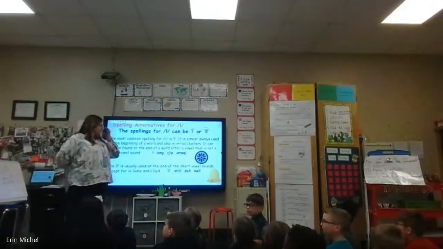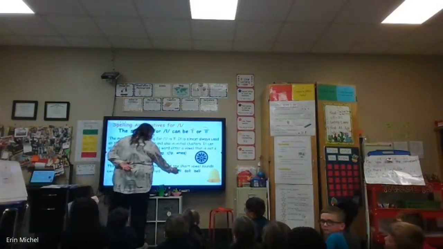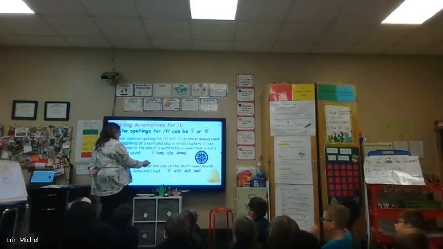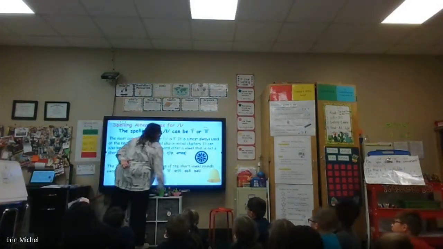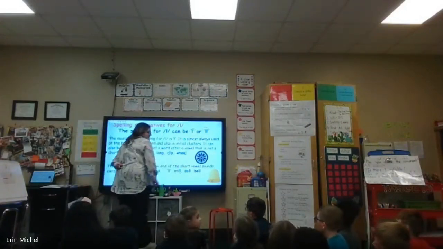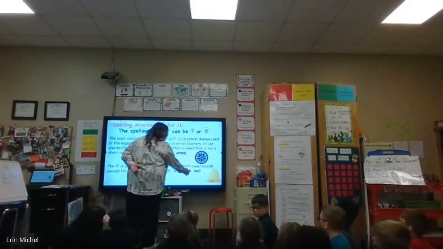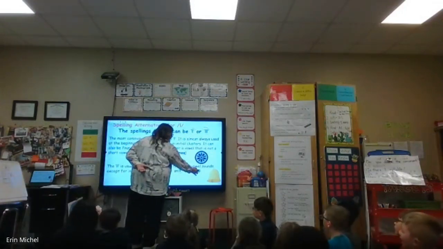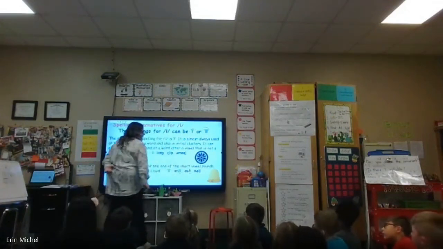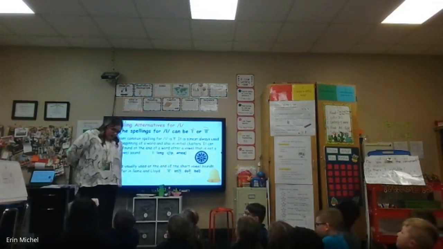So we're good. Okay. Now we're going to go over our rules for the double L. Our double L is going to come at the end of the short vowel sound. So we can find the double L like in still, in dog, in bell. These are our short vowel sounds, and we use the double L in words that have our short vowel sounds.